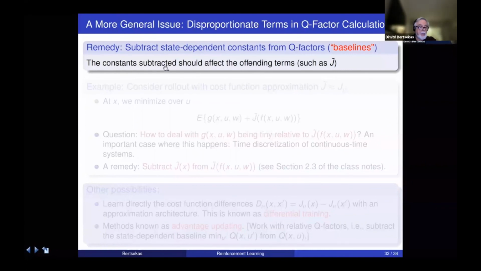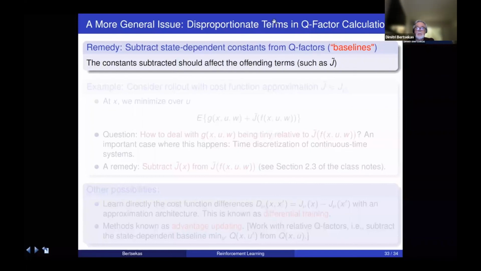And these constants are going to wipe off the offending terms, the terms that give us trouble. So how do you pick the baselines? Well, I gave you one possibility in the previous slide, but there are others. These baselines are a concern in a number of contexts in reinforcement learning, and you will encounter them in the literature. And their purpose is to deal with disproportional terms coming in approximating Q factors.